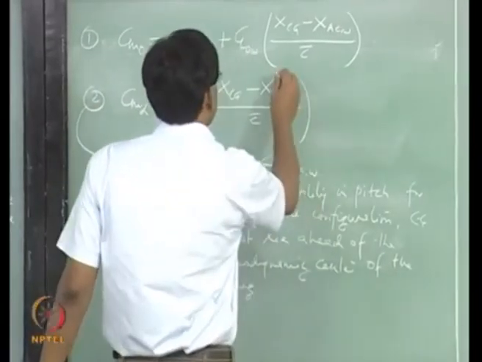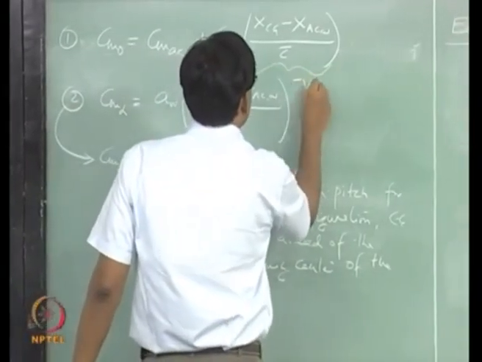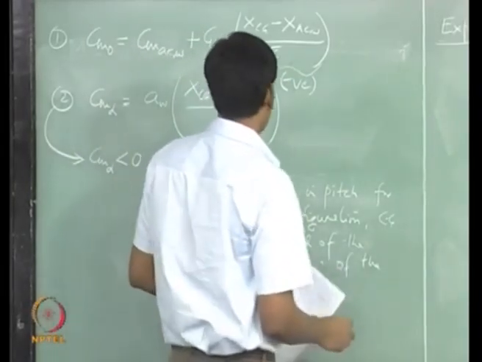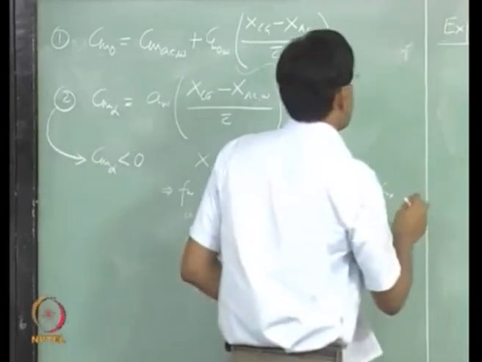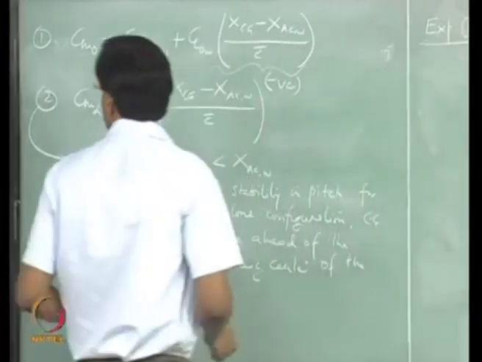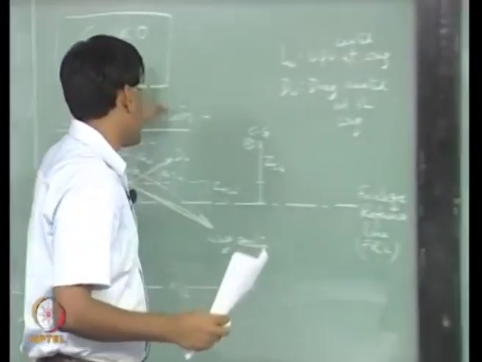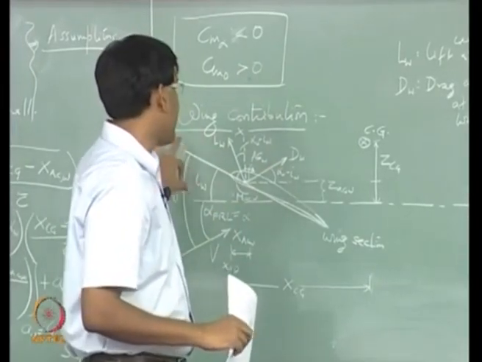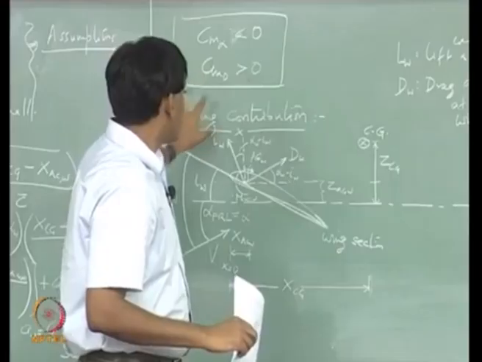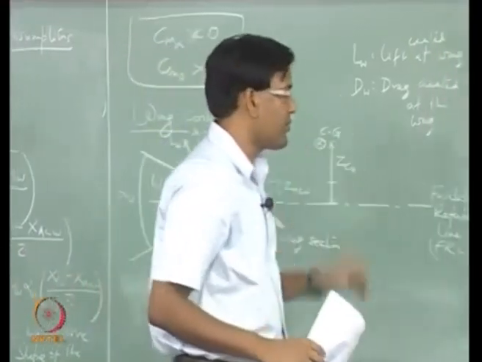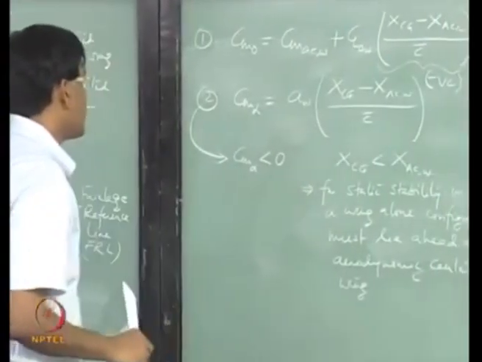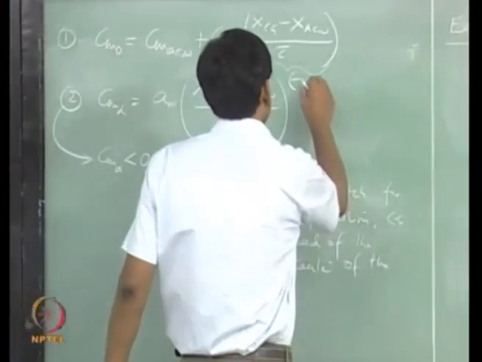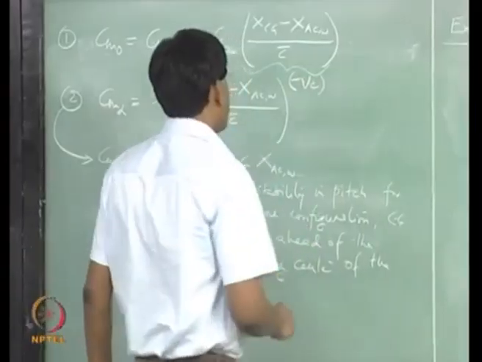So, this is negative and what we want is Cm naught must be positive. So, Cm naught positive is the condition to fly the aircraft at positive angle of attack, and which we would want for several reasons, because negative angle of attack is going to result in negative lift.